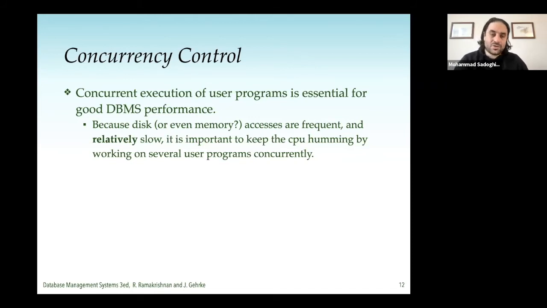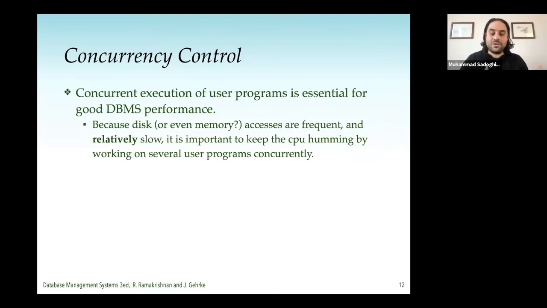So in the 70s, 80s, and 90s, it was essential to utilize the processor, even if it was a single processor or two, to fully exploit it. The only way you could do that is to have concurrent execution. Don't just take one request, take hundreds of requests at a time.